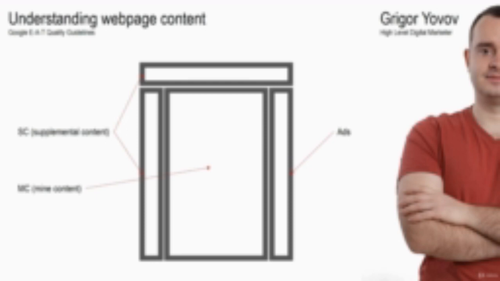So the supplemental content need to support the main content, and the ads should be related to the main content also. So this is something you want to pay attention when you are building your website structure regarding search engine optimization.